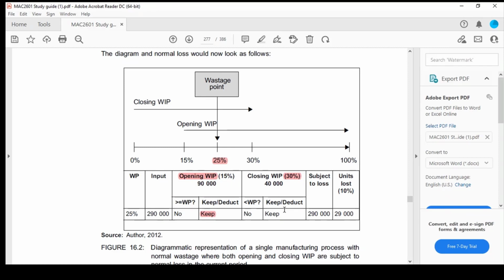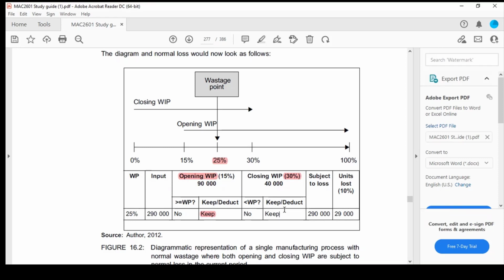So she ended her marathon on the 30-kilometer mark. I have to start my marathon on the 15-kilometer mark, but our wastage point, or let's call it a water point, is at 25 kilometers. I am starting before the wastage point.